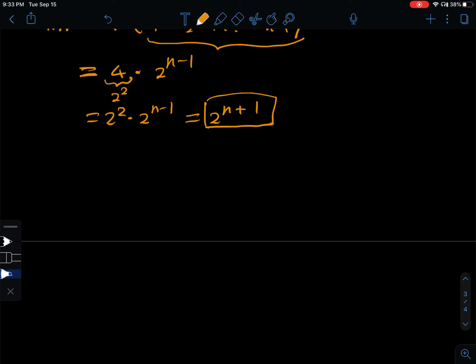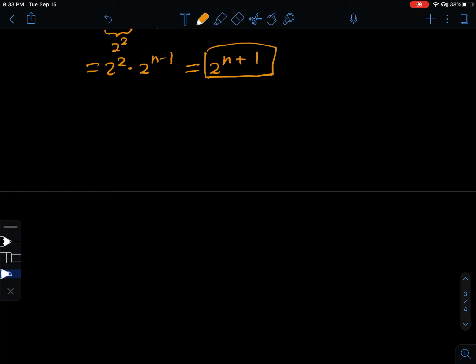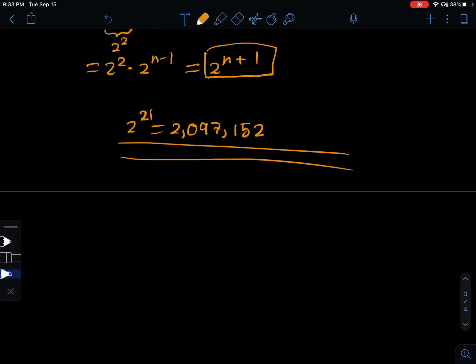In fact, I'm going to admit I used a calculator to do this, but 2 to the power 21 is 2,097,152.